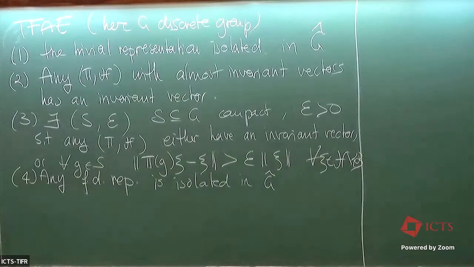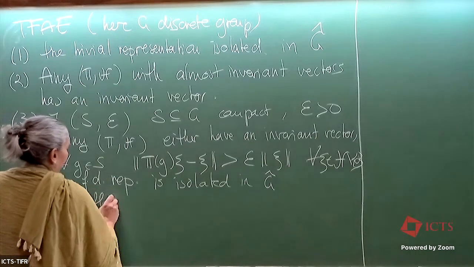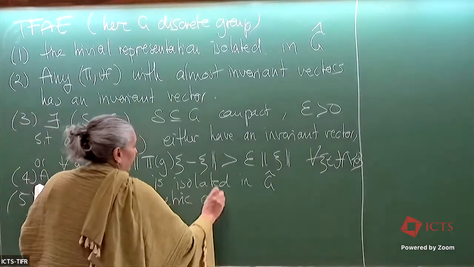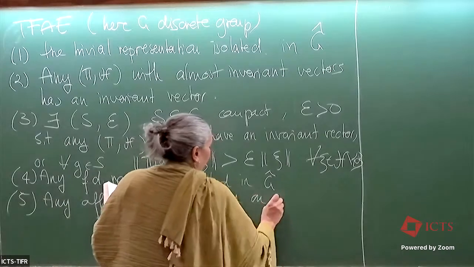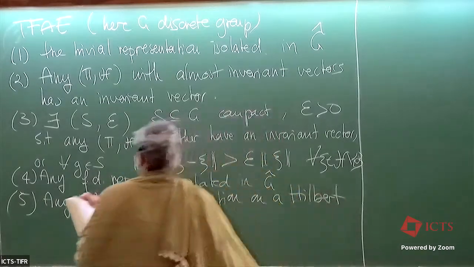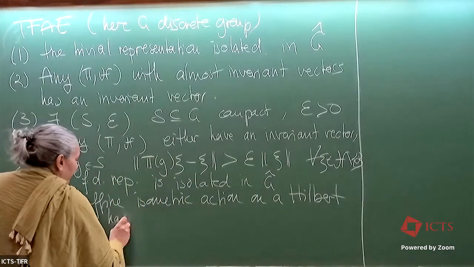And any affine isometric action on a Hilbert space has a fixed point.